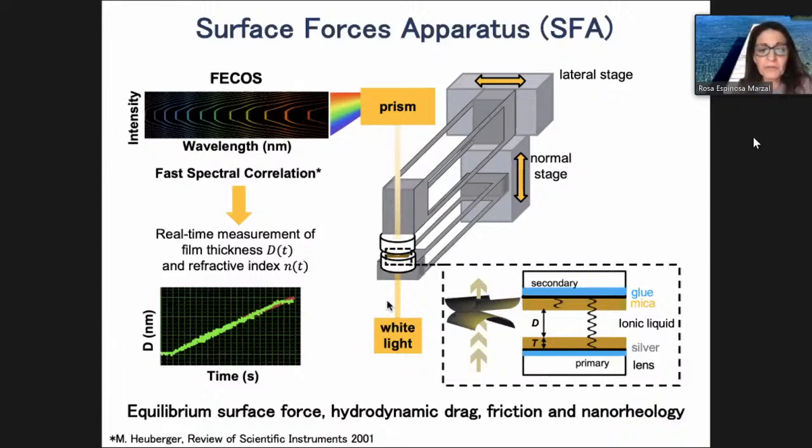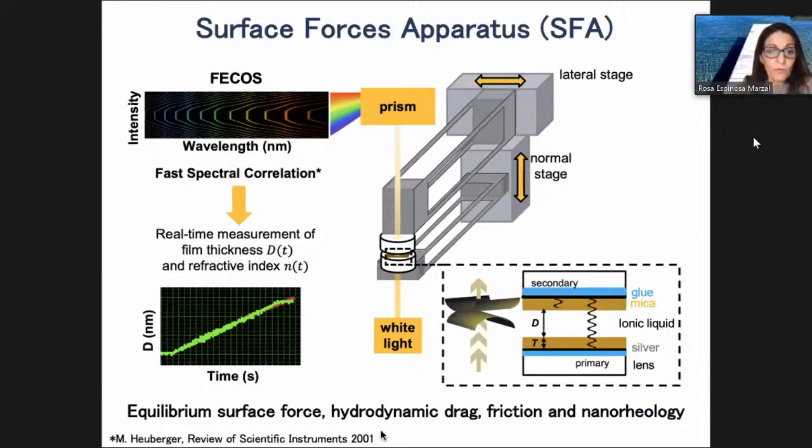It is reflected multiple times between the silver mirrors, and the transmitted interference is analyzed in our surface forces apparatus by fast spectral correlation. And this numerical algorithm provides a real-time measurement of the film thickness with sub-nanometer precision, and also a measurement of the refractive index with time.